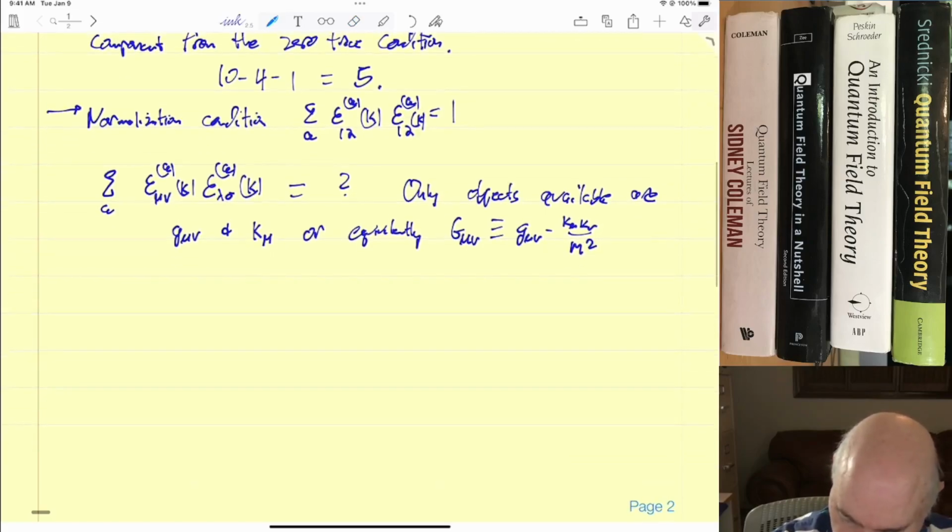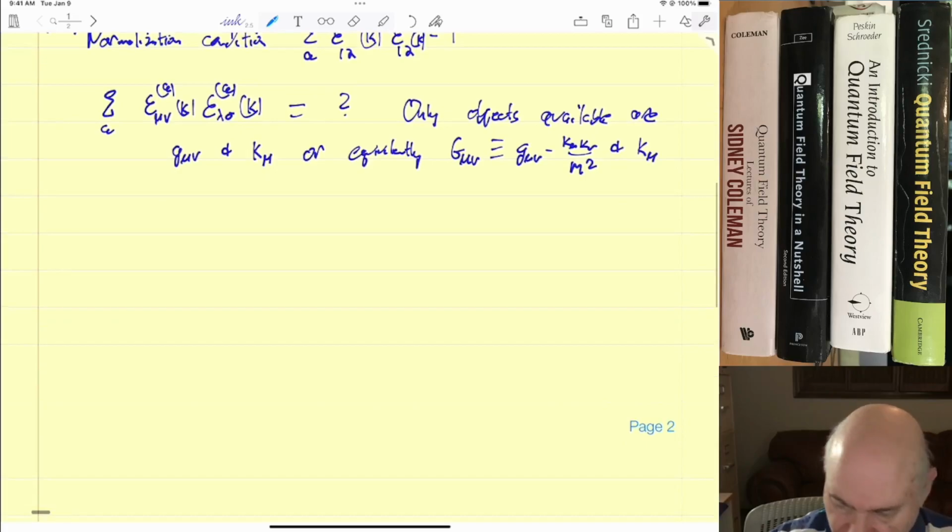So these are g mu nu and k mu. So these are our objects, and now we're going to work through what seem like some hairy equations.